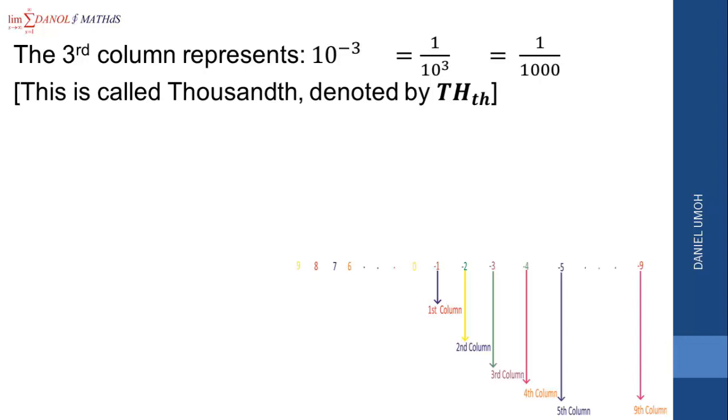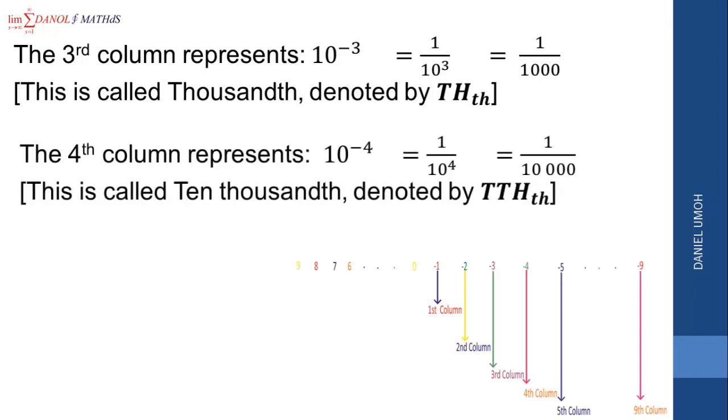This is called thousandth, denoted by capital TH and then the small th. The fourth column represents 10 raised to the power of -4, which gives us 1 over 10 raised to the power of 4, equal to 1 over 10,000. This is called 10,000th, denoted by capital T, capital T, capital H, and then the small th.